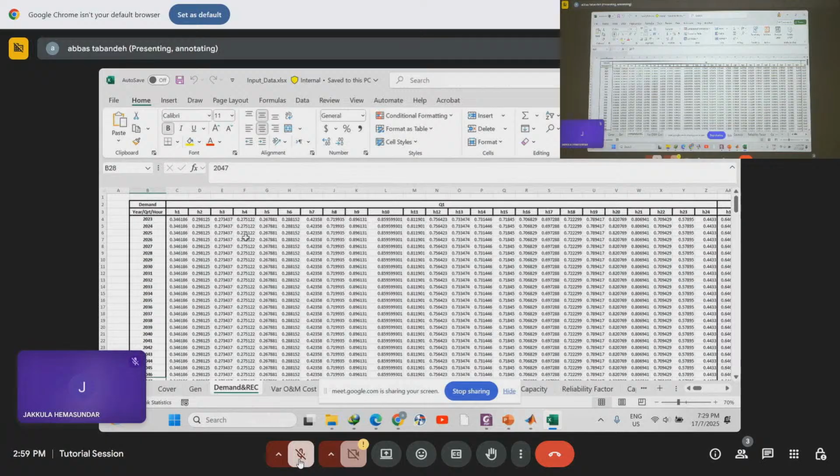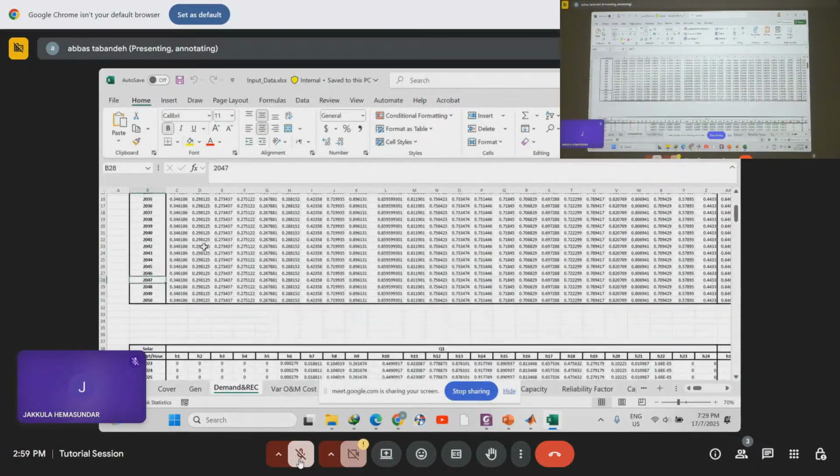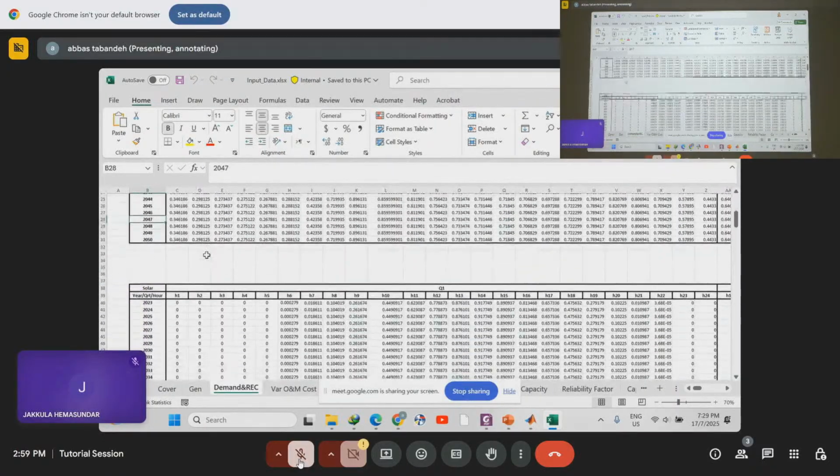However, this is like the base load for 2023. Because we have a load growth, we need to multiply it by a factor to show the effect of different items like population growth, because our load will increase year by year.